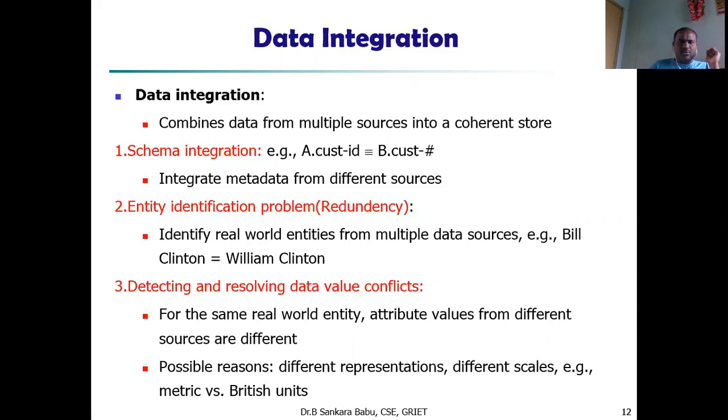For example, we first have to identify the problems while integrating the data. If there is redundancy in the data, we have to find it and avoid it, meaning the same data appearing in different databases.